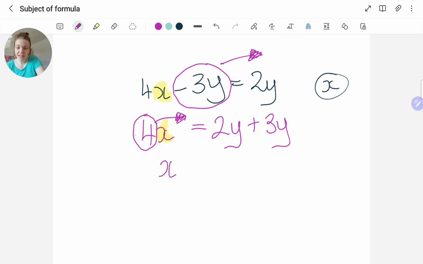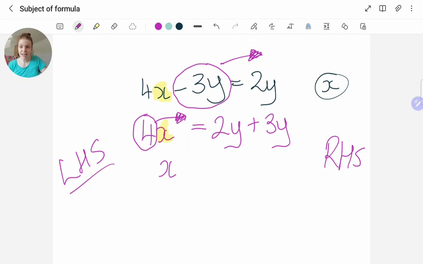Now, on this left-hand side, it's 4 times x. So on the right-hand side, it's going to be divided, okay? So we're multiplying by 4 on the left-hand side, so we are going to be dividing by 4 on the right-hand side. So it's going to give me x equals 2y plus 3y all over 4, okay? And x is now the subject of the formula.